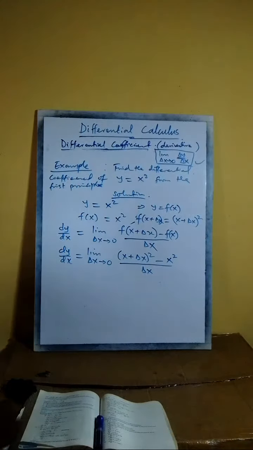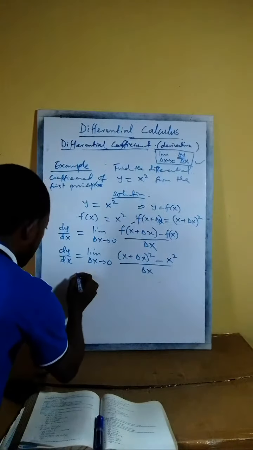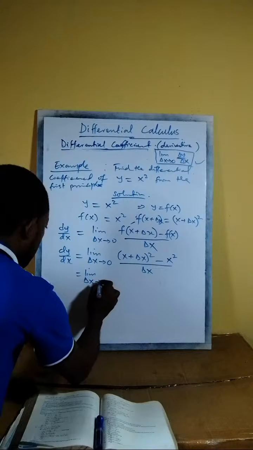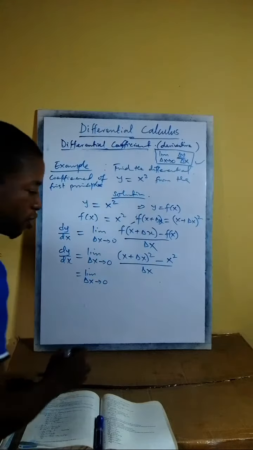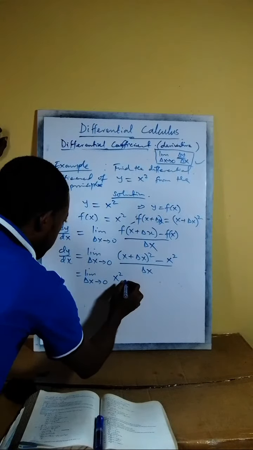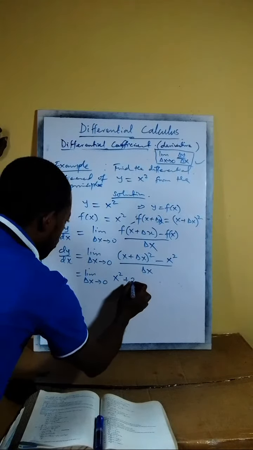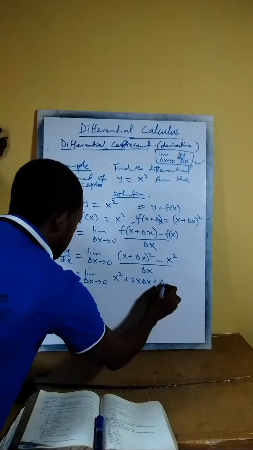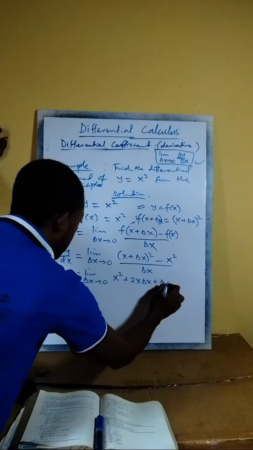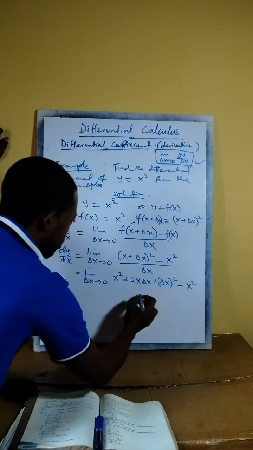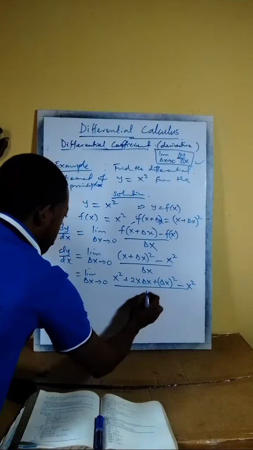Here now we simplify, and this gives us the limit as delta x tends to 0. Expansion of this bracket gives us x squared plus 2x delta x plus delta x squared. That's the expansion here. Then we have minus x squared here, which is divided by delta x.